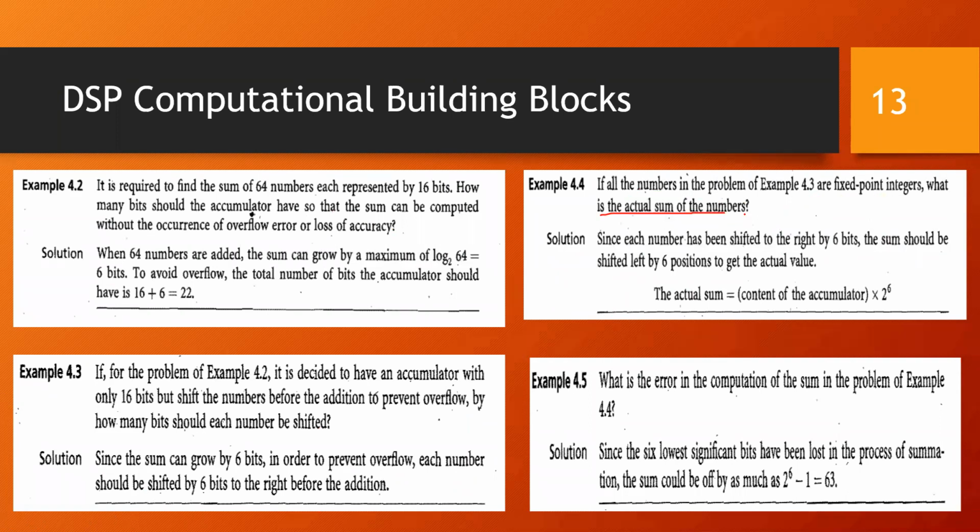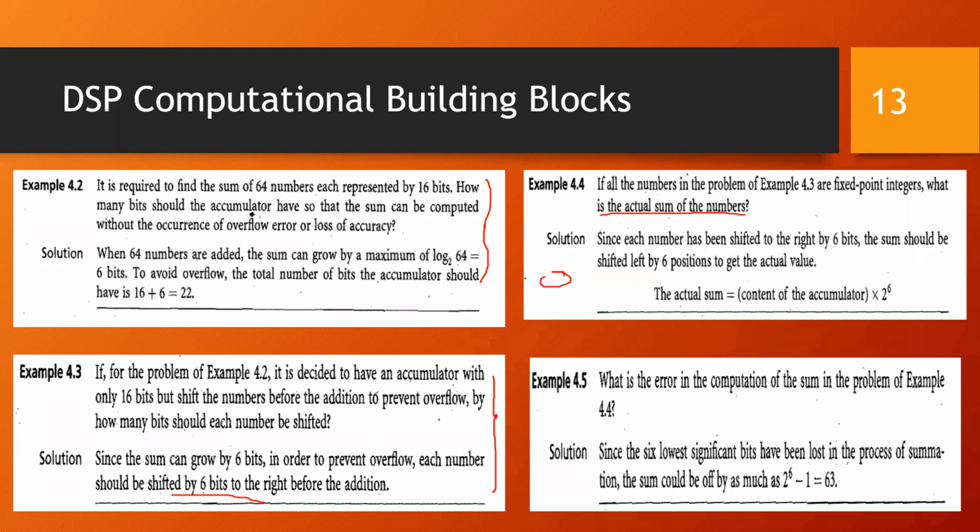So what is the actual sum? In order to sum it, here we saw that 6 bits are required. So before going into addition, we shifted each of the numbers by 6 bits and then we performed the addition. Now when we perform the addition, we'll be getting a shifted version of the result.